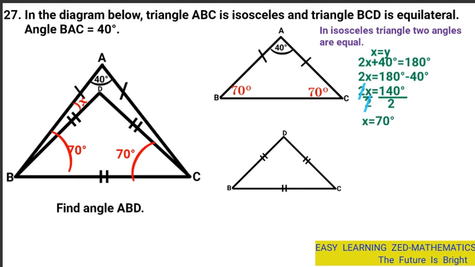Now in the statement we are told that triangle BCD is an equilateral triangle. That means all angles in an equilateral triangle are equal.